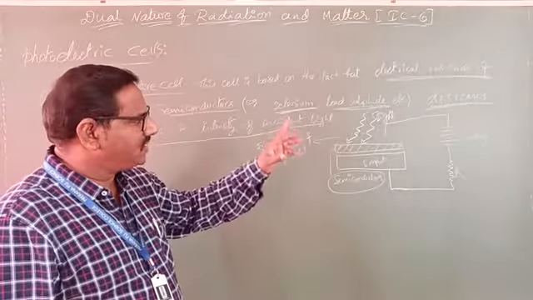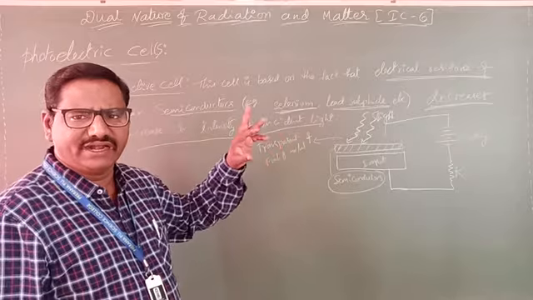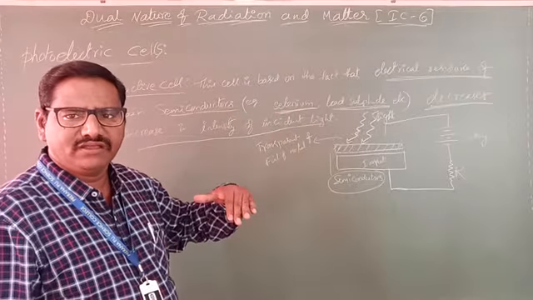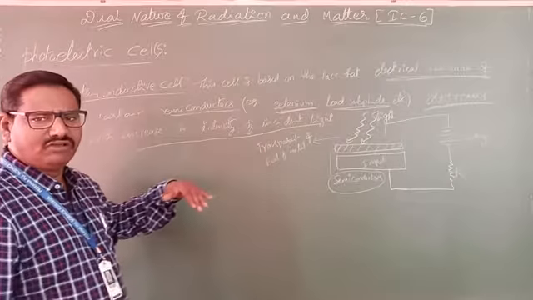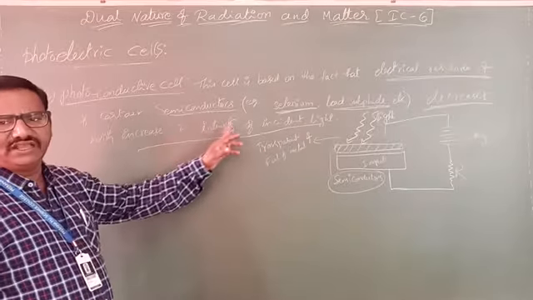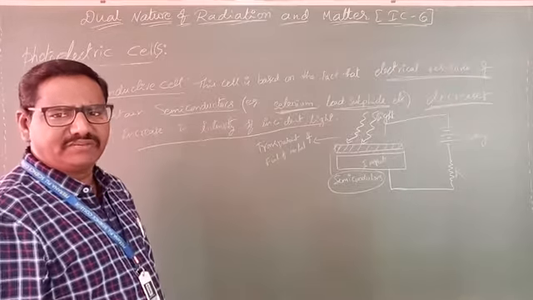When light falls upon it, the electrical resistance of the semiconductor will decrease with the intensity of incident light. Okay, clear? This is the main point.